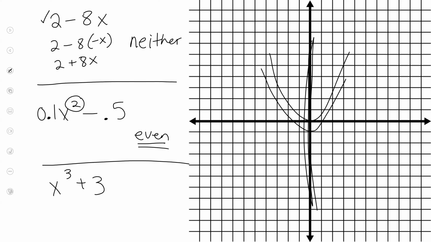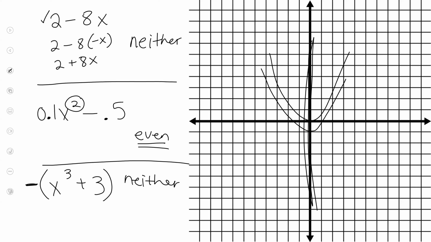Let's look at this one. You can either graph it and tell that it's going to be neither, or we can do it algebraically. If it's odd, just think about it. If this is odd, that means you'll get the exact same thing, just opposite, right?